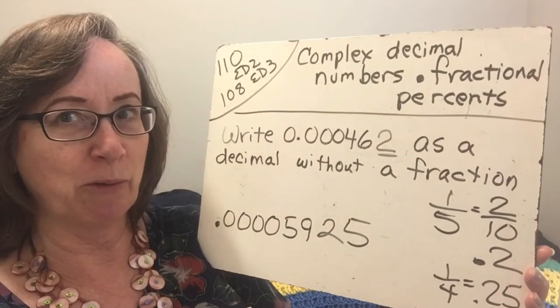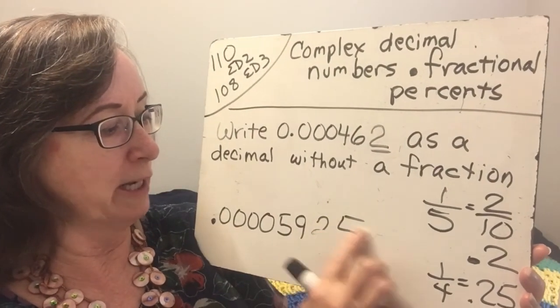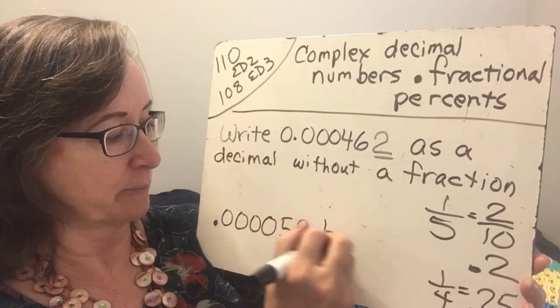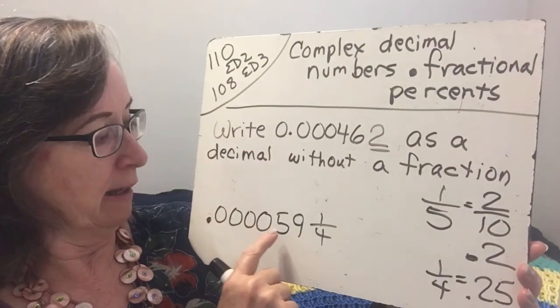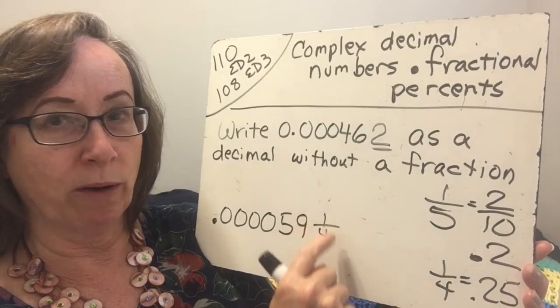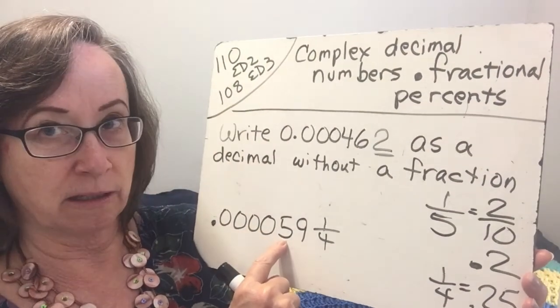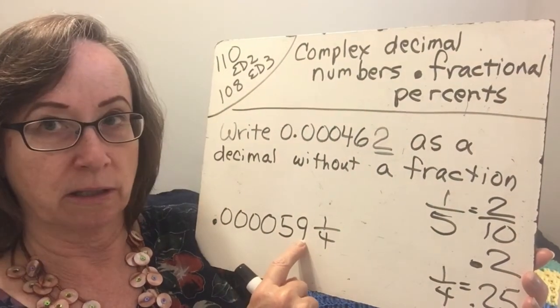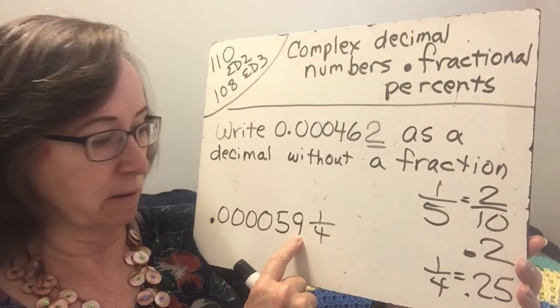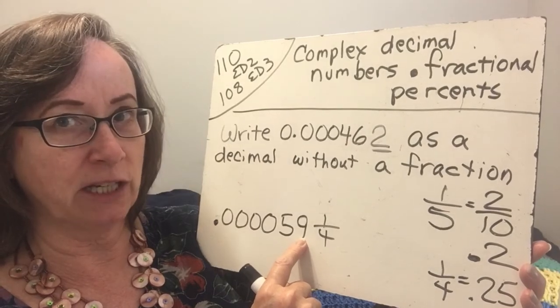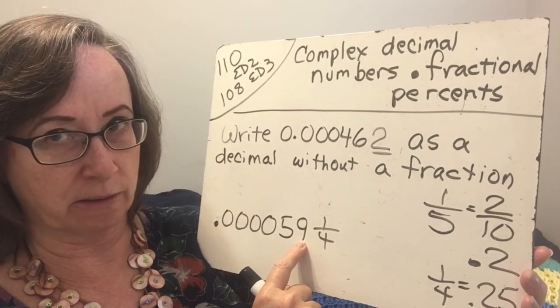Okay, so now how would we read our original number? We would have said 59 1/4 tenths, hundredths, thousandths, 10,000ths, 100,000ths, millionths. So we would have said 59 1/4 millionths.